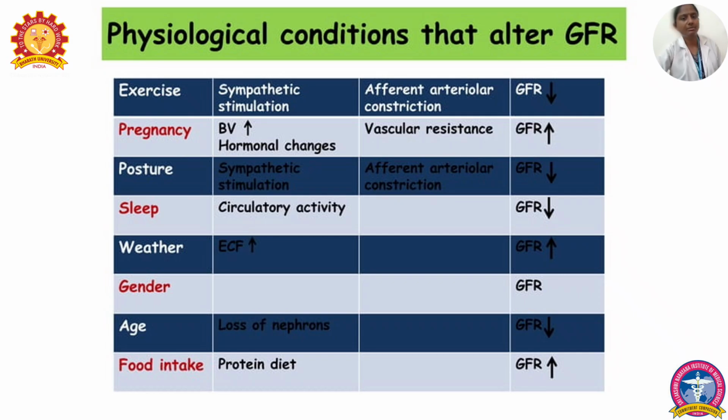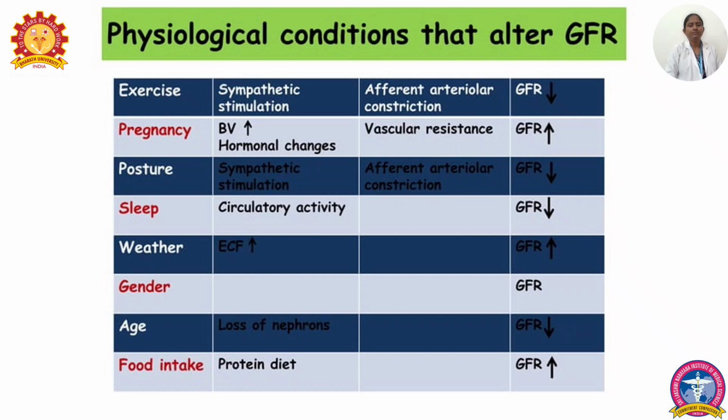Then these are the common physiological conditions that alter GFR. So in general, we know during pregnancy we have increased blood volumes and hormonal changes. So what happens whenever the blood volume is more? There will be more fluid available for the filtration. So GFR is increased. Okay. Then I'm not talking about the arterioles now because we have already seen that in the previous slide.